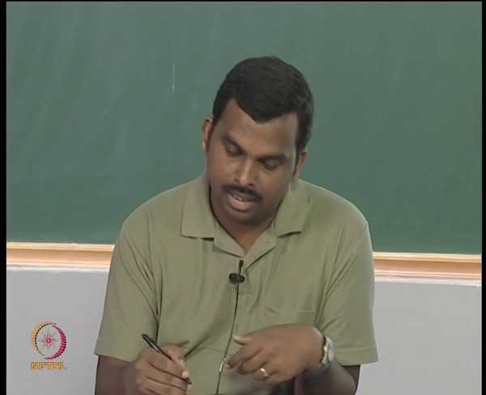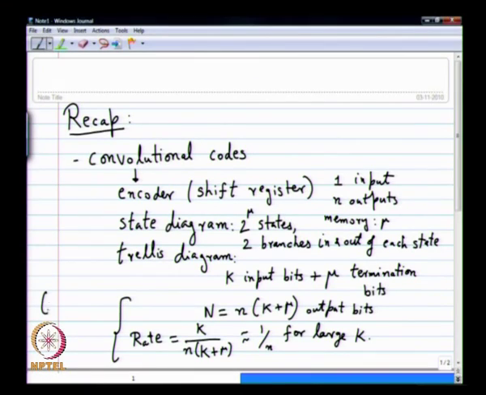So in this description it is also an n comma k block code. There is nothing wrong with thinking about it that way. You can in fact come up with a generator matrix for it, a parity check matrix for it, all that you can do.